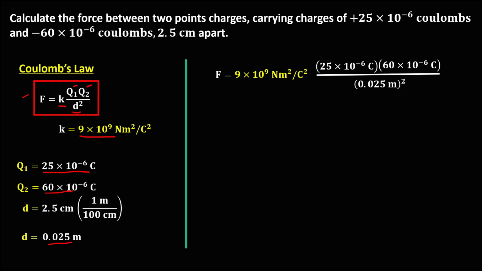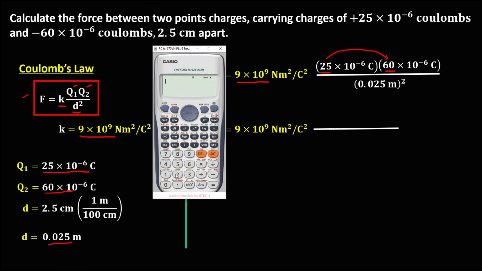Then to simplify, to solve for the force, bring down this K, then multiply this 25 and 60. So 25 times 60 equals 1,500.